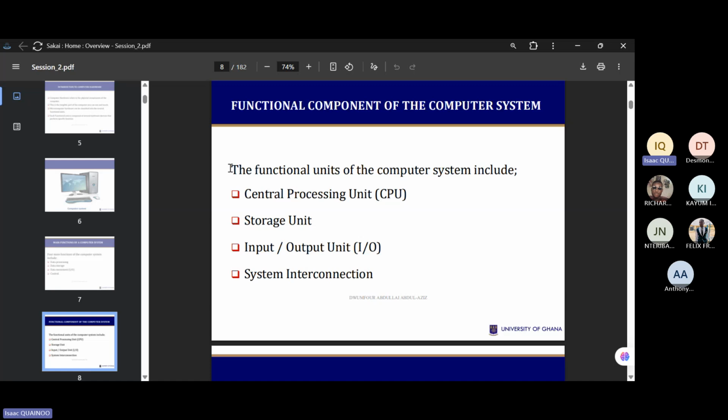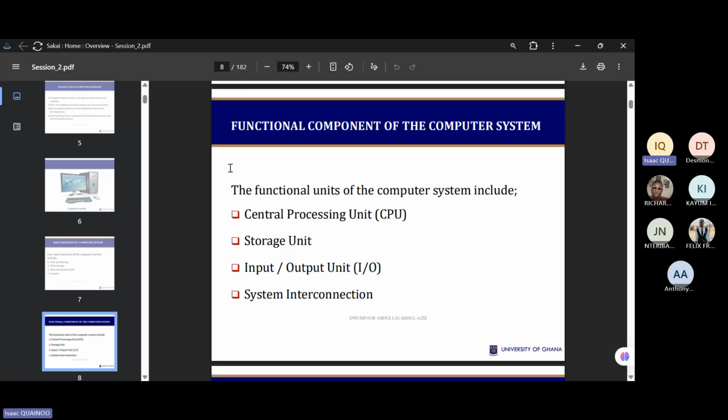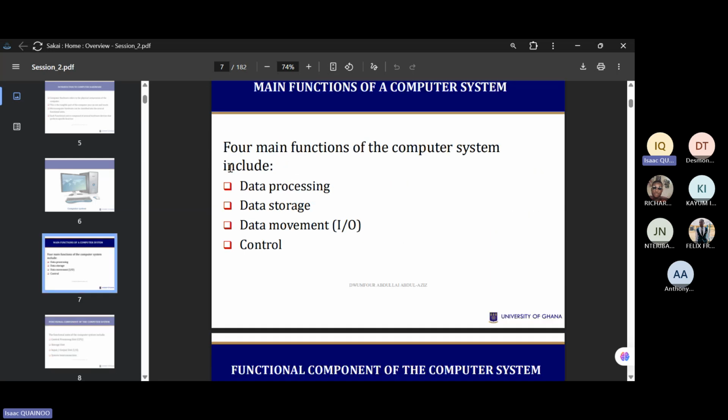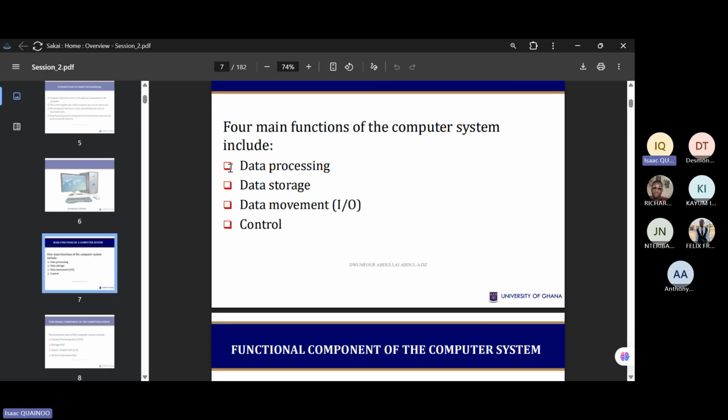So we are basically saying that for a computer to run as a functional system, we have to have functional units that coordinate different processes in order to make this happen. And we stated earlier that the main functions of the computer are data processing, data storage, data movement, and control.